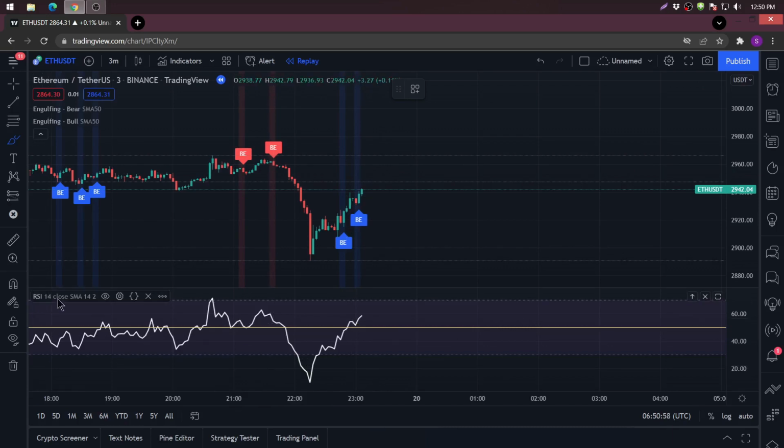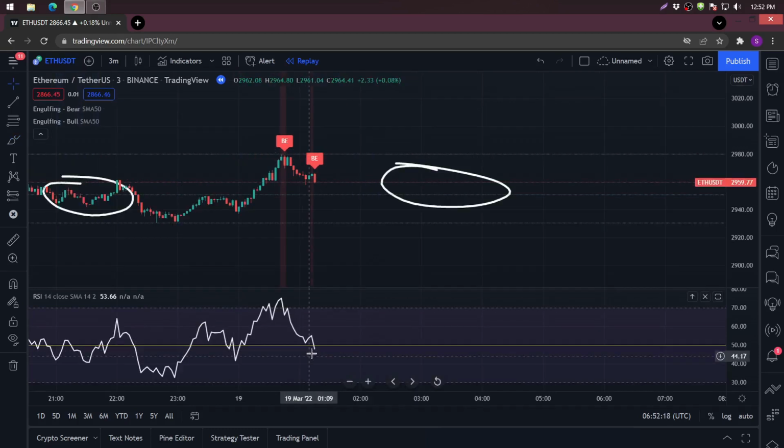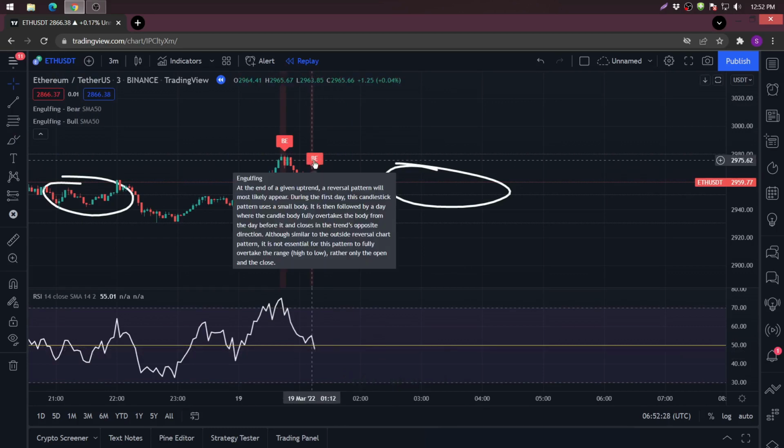And the RSI indicator's yellow line is the middle band. So when the RSI stays above the middle line and engulfing is active as bullish, at this time we just take a buy position, and when the RSI line stays below the RSI yellow middle line and also bearish engulfing is active, at this time we just take a sell position.